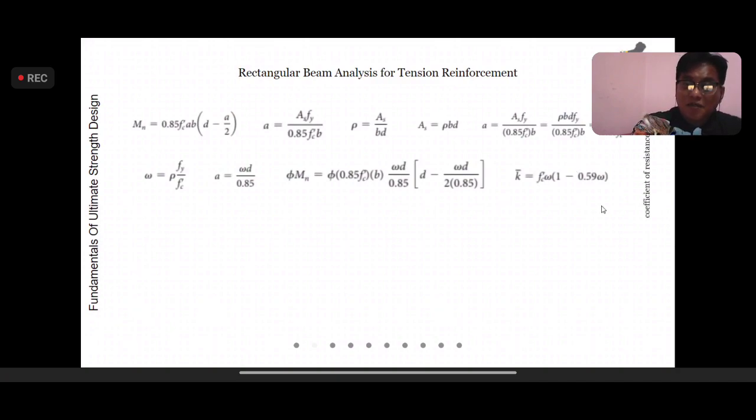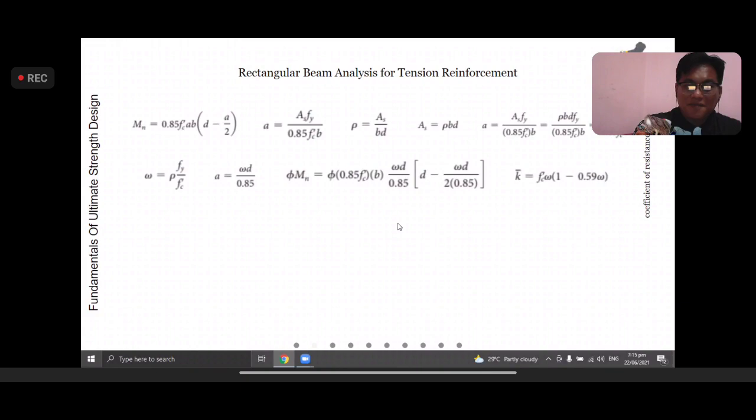By virtue of simplifying, you will arrive at a coefficient. We call this the coefficient of resistance: fc prime omega times (1 minus 0.59 omega), where omega is the product of the steel ratio and the ratio of the yield strength of steel and the compressive strength of concrete. Ano ba ito? Palipat ako rito.